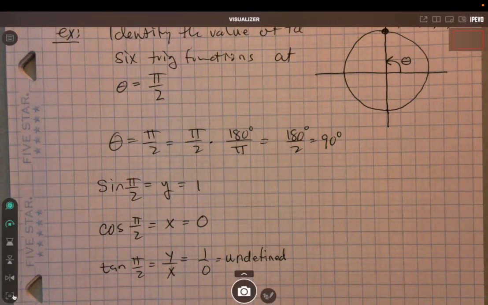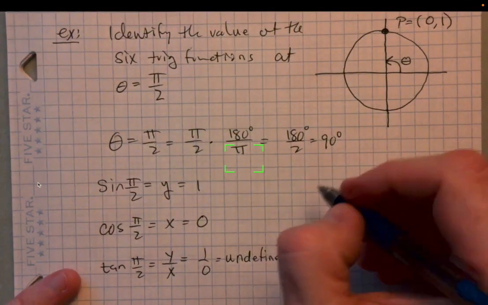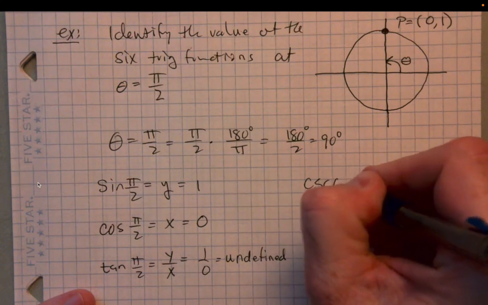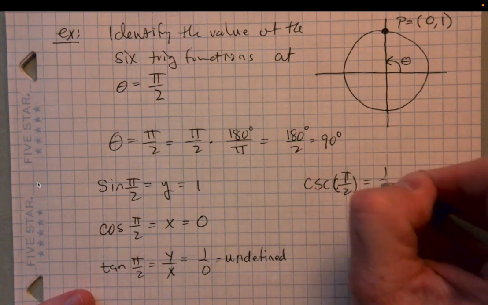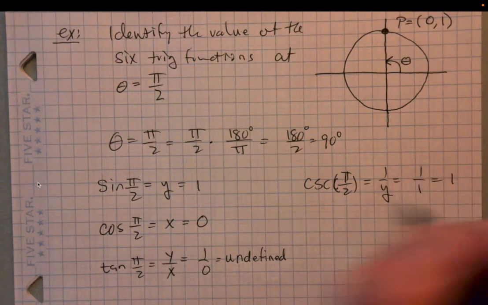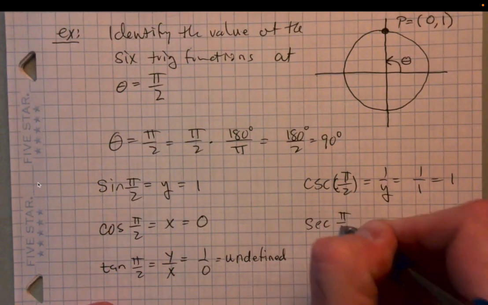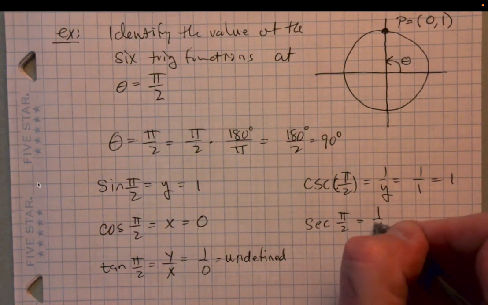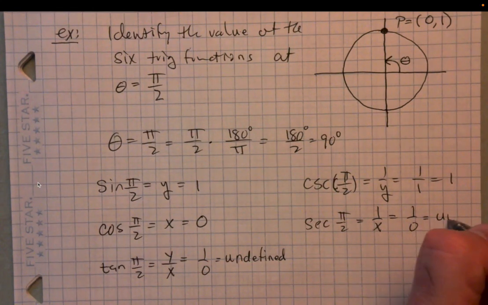And what about the secondary trig functions? We've got the cosecant of pi over 2, and that's equal to 1 over y, which is 1 over 1, again 1. What about the secant of pi over 2? Well, that's 1 over x, and so that would be 1 over 0, and so that's undefined.